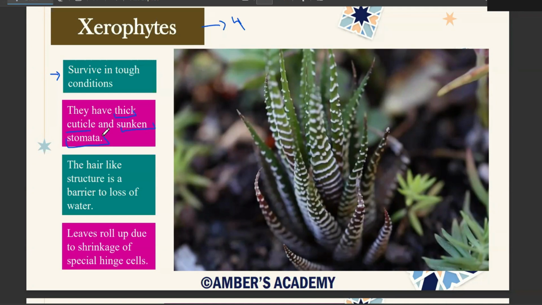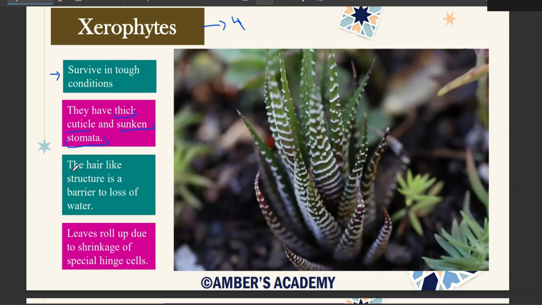We'll do the function of stomata later, then you'll understand what I mean by sunken stomata and how it is preventing transpiration. But just understand this fact that stomata is responsible for transpiration. It allows water molecules to move outside. So since in xerophytes the stomata is present inside, it does not allow water to leave the leaf.